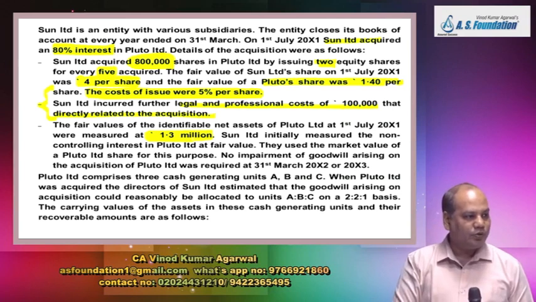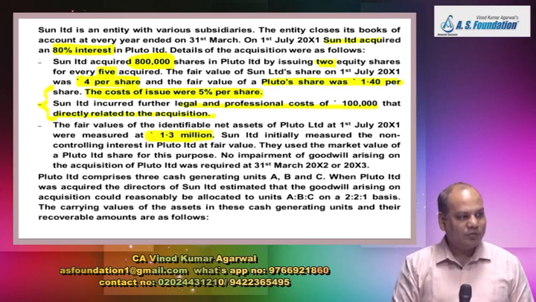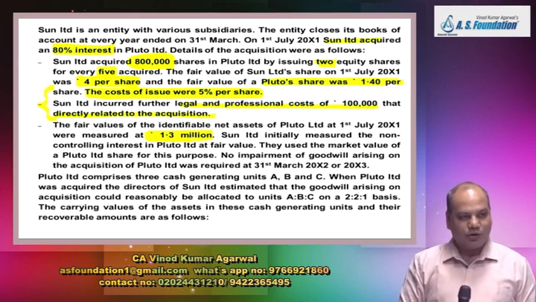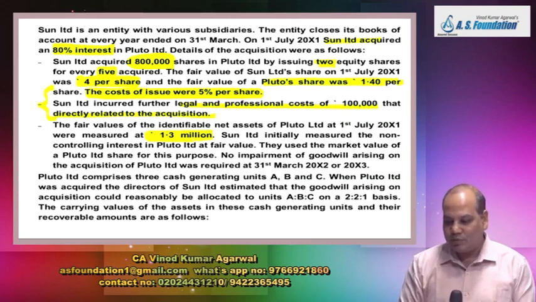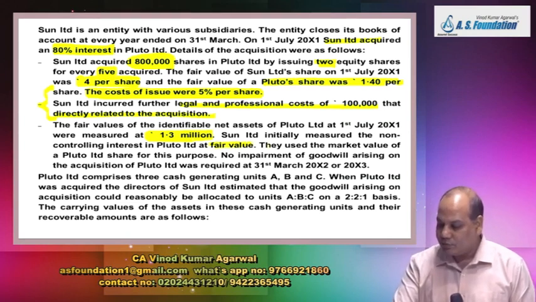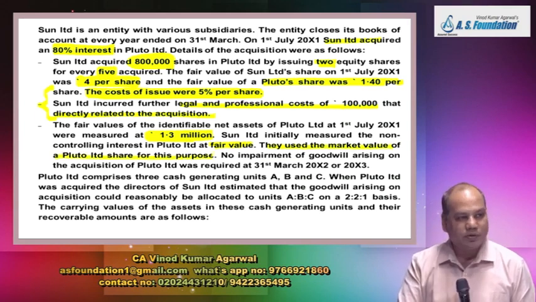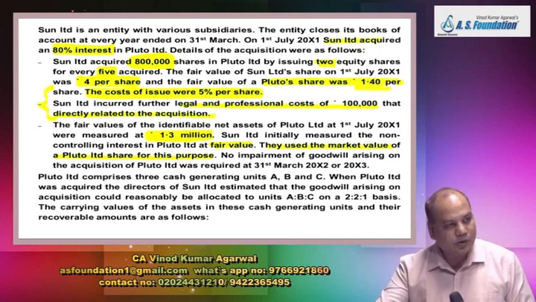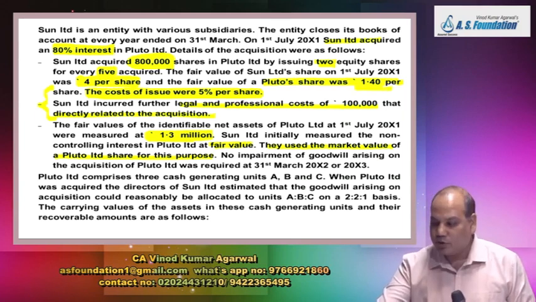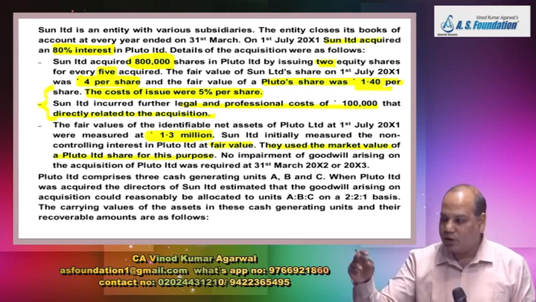Are you getting goodwill 260? Yes or no? 1560 minus 1300, goodwill 260. Sun Limited measured the non-controlling interest in Pluto Limited at fair value. They use the market value of the Pluto Limited share for this purpose, meaning this figure 1.40 into 2 lakh, already calculated.